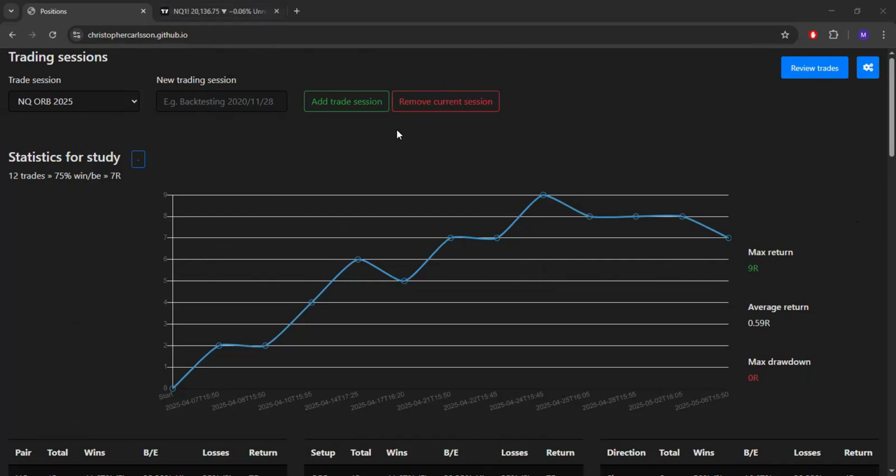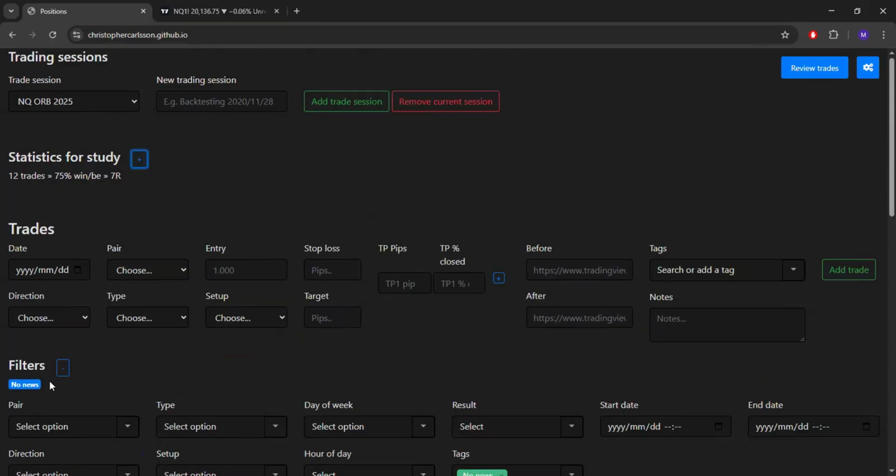So that's literally only a month and a day of trading. And over a month and a day, you would have taken 12 trades with, if you just take into account no news, you would have had a 70% win and break even rate. And that would have given you a total ROI of 7R, which is amazing.